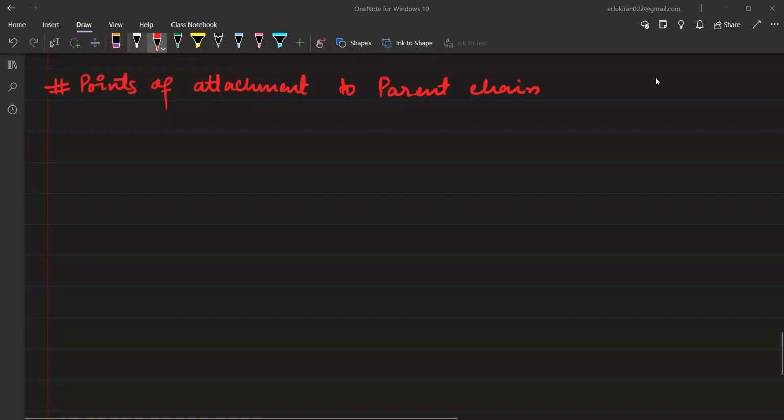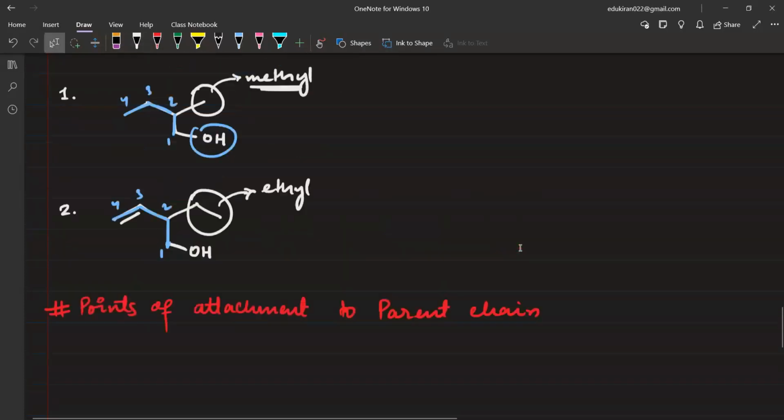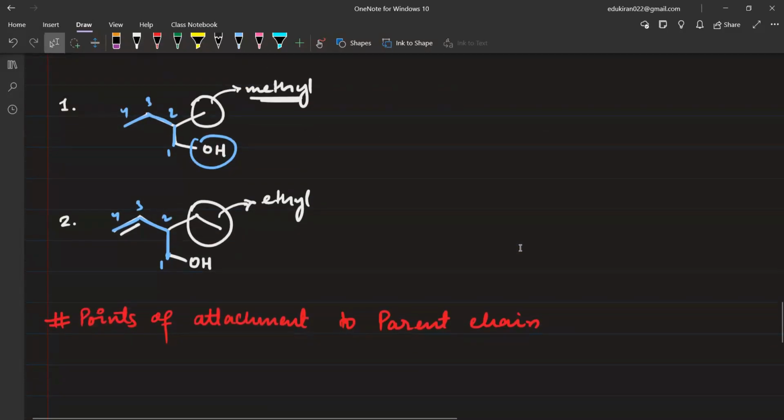Fia, where were you? You missed a bit. See these two. You understand it is methyl and ethyl. Yes, Fia, look at these two examples. Fia, do you get this?